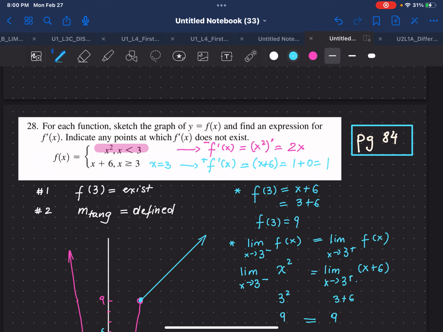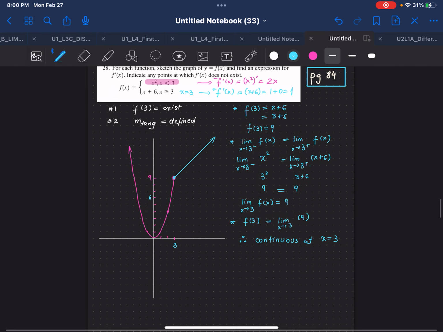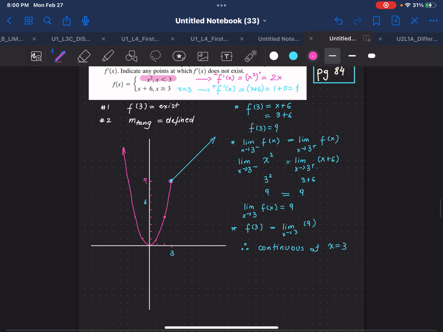So the derivative will have a value of 1. So if we were to measure the derivative at x equals 3, then on the left-hand side, f prime of x equals 2x, which means that f prime at 3, on the left side, would be equal to 2 times 3, or 6.